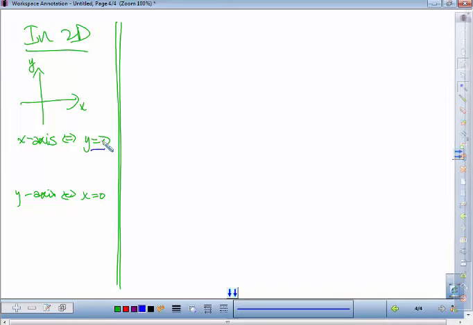It doesn't matter what x is, y is always going to be 0. If x is equal to 5, y is going to have to be equal to 0. If x is equal to 7, y is going to be equal to 0. If x equals 3, y is going to be equal to 0. So you're always going to be on that axis. So when it says y equals 0, it doesn't matter what x is.